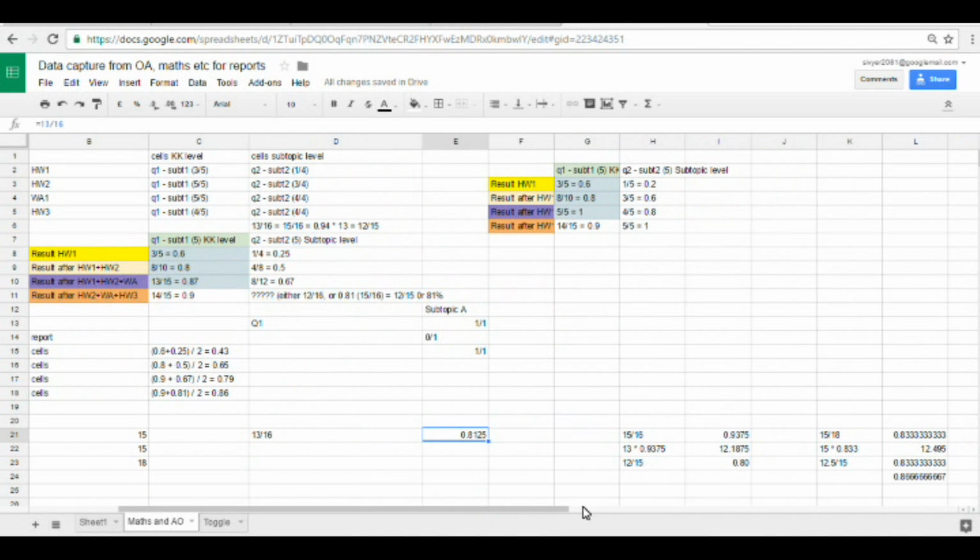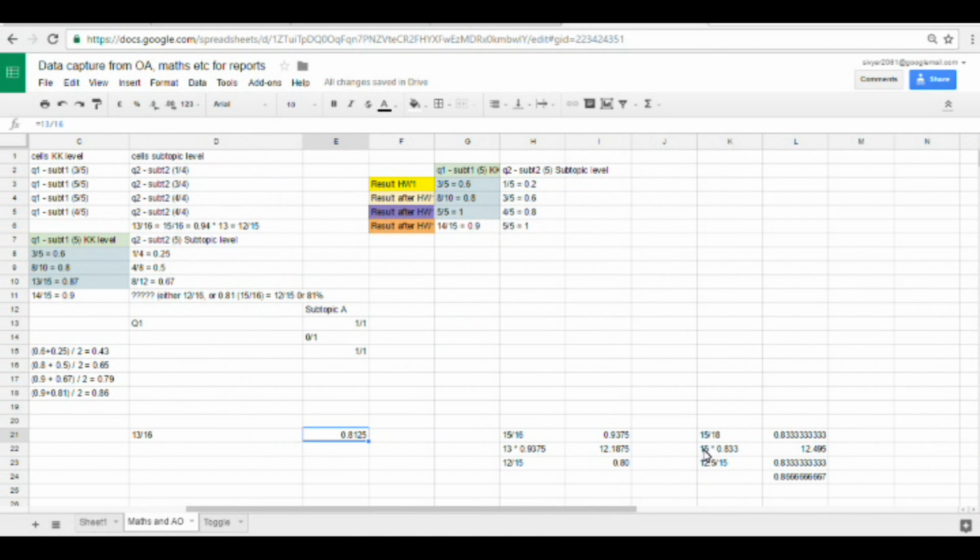If I give you one more example, if we had a mark of 15 out of 18, what would the equivalent be out of 15 marks? Well, 15 out of 18 is 83%. So if I multiply 15 by 83%, I get 12.5. That gives me 12.5 marks out of 15.